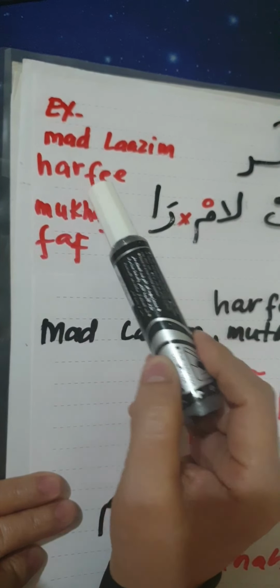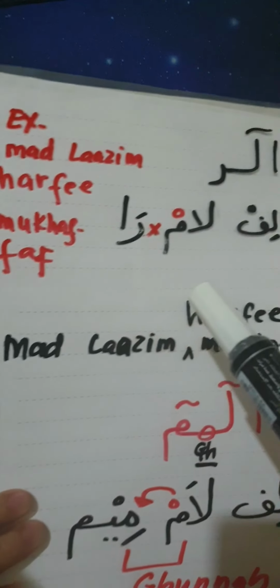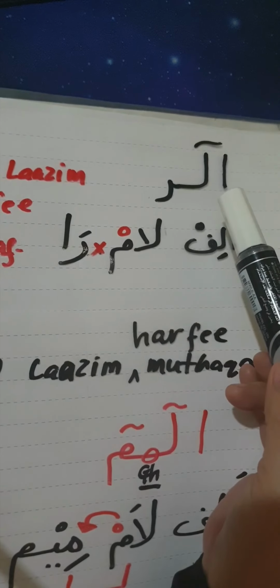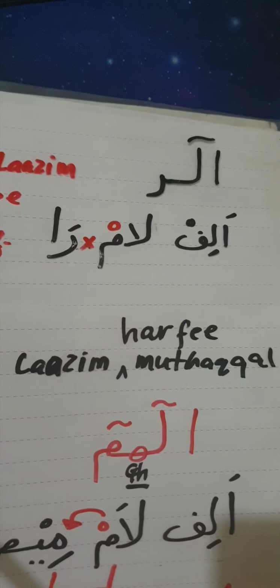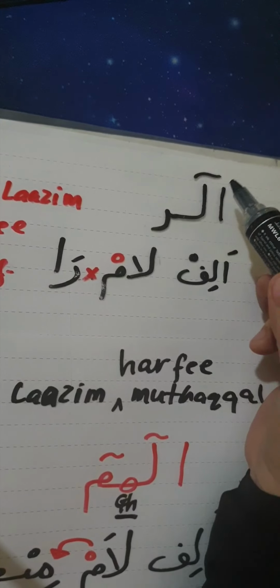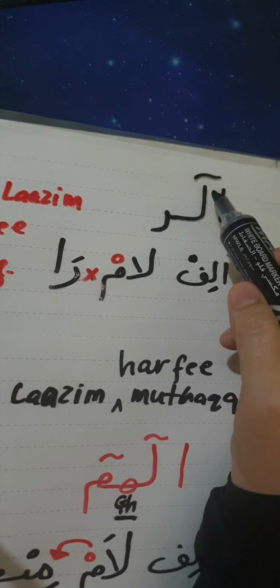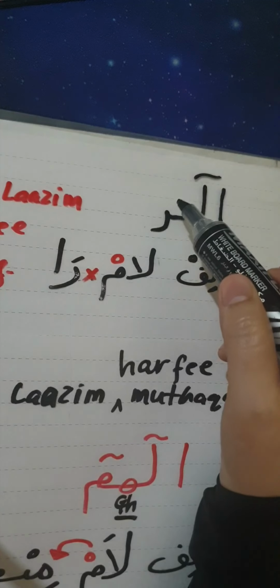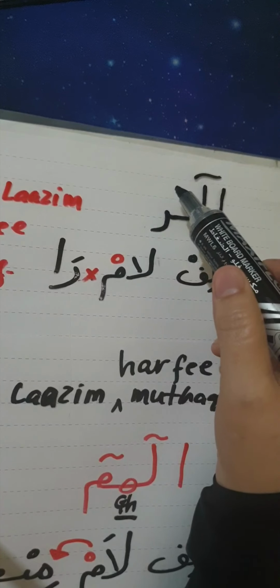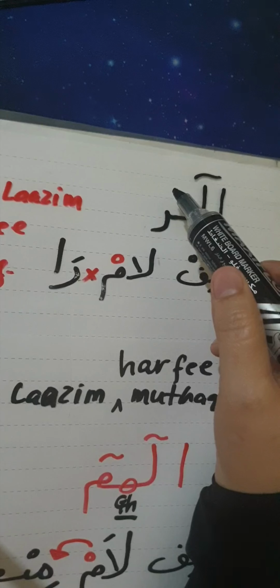But here in the mad lazim harfi mukhaffaf, as you can see, these letters don't have a ghunna. So the lam here has 6 vowel counts long, and then the ra has 2 counts.